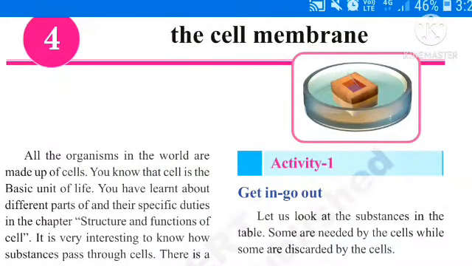The cell membrane is the outermost layer of the cell that separates cytoplasm from the external environment. This is also called the plasma membrane. The cell membrane defines the shape and the size of the cell. It encloses the cytoplasm and protects it from the external environment.